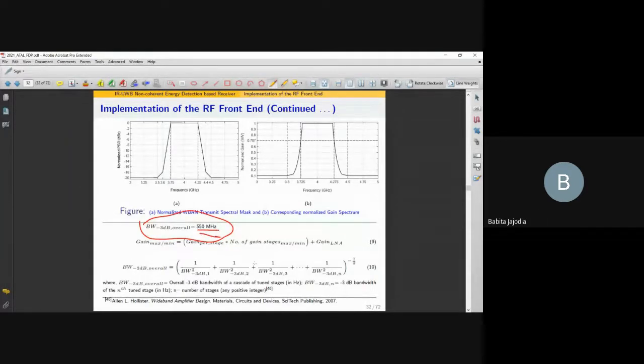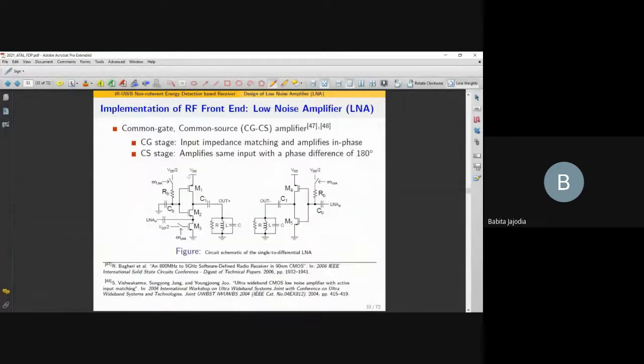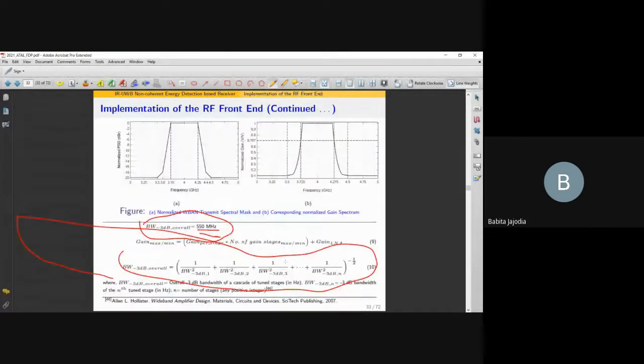Based on this calculation, the overall bandwidth follows this equation. We find out from the calculation what the minimum and maximum gain should be and what the stages are. And this is what we have checked, like the spectral density, and how this should also be taken into consideration. Based on this calculation, we can find how to design.